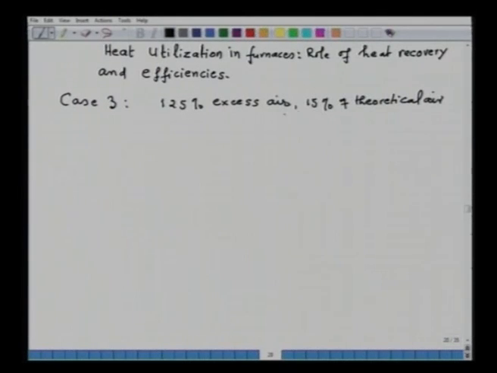We are retaining the relative efficiency of the regenerator, which is around 80%.